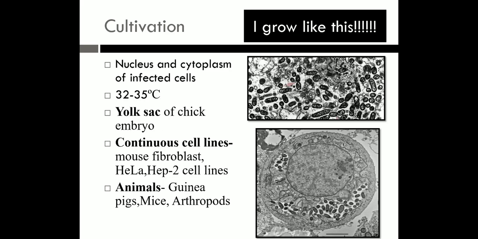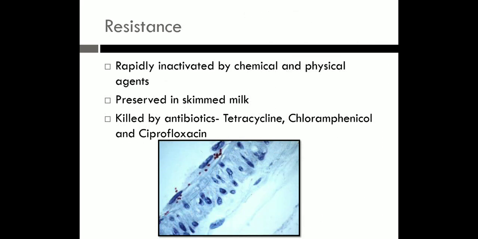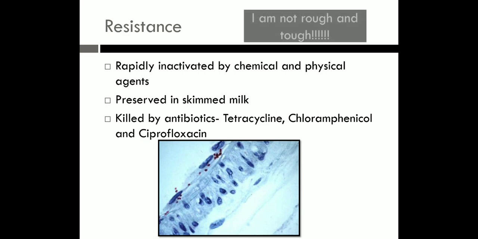I will be talking about this reaction a little while from now. This group of organisms are rapidly inactivated by chemical and physical agents. They can be preserved in skim milk, and they are killed by tetracycline, chloramphenicol, and ciprofloxacin.